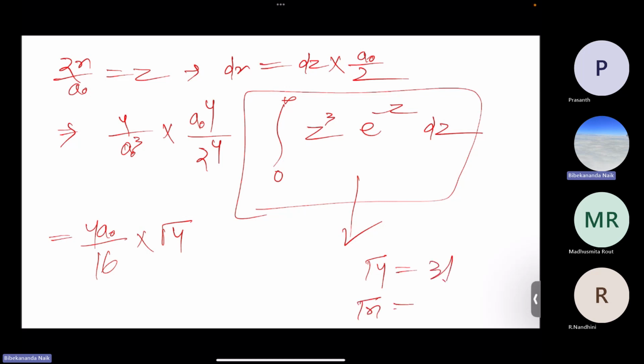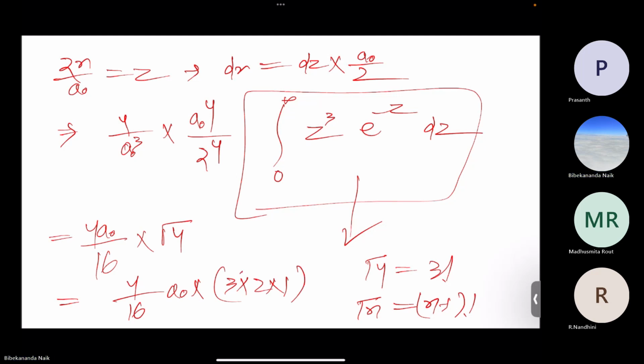That is, gamma n is n minus 1 factorial. So it is 4 by 16 a0 into 3 factorial, which is 3 into 2 into 1, so 6. So it is 3 by 2 a0.